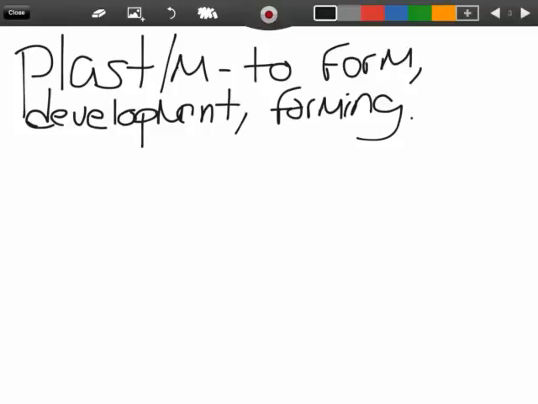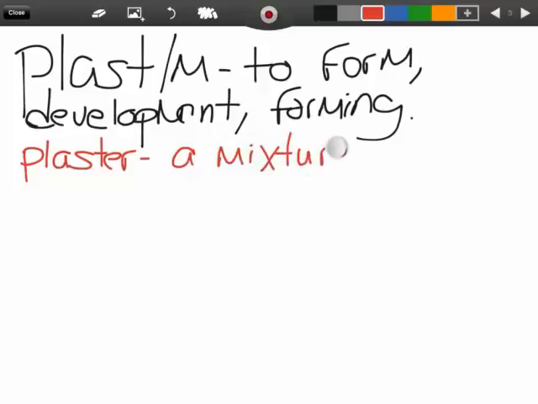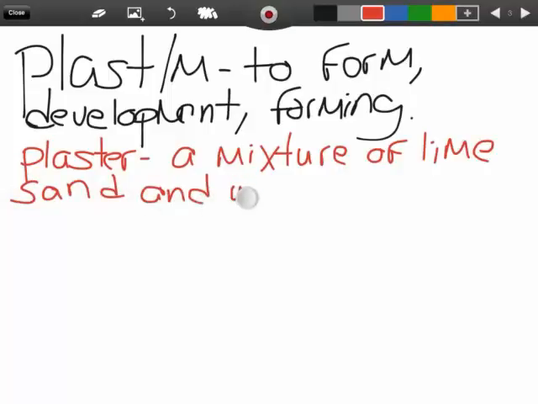One of them is plaster. Let me go ahead and use a different color here. Plaster, meaning a mixture of lime, sand, and water to cover walls.